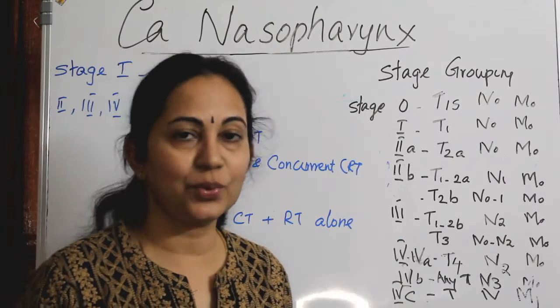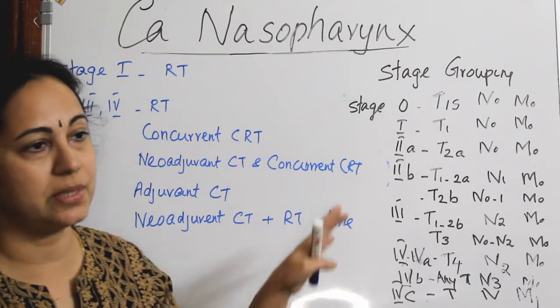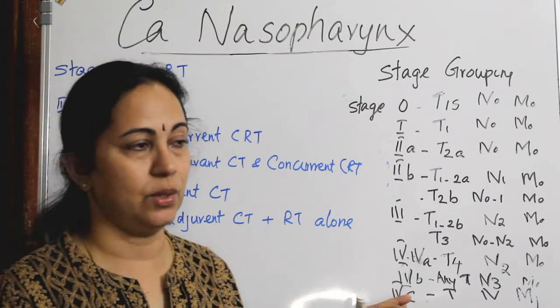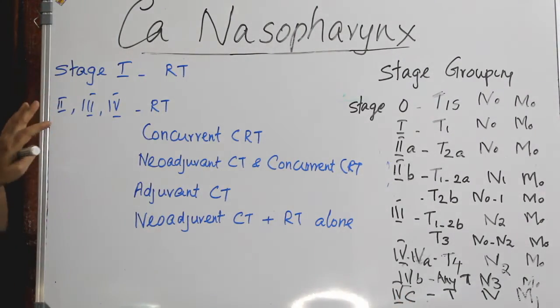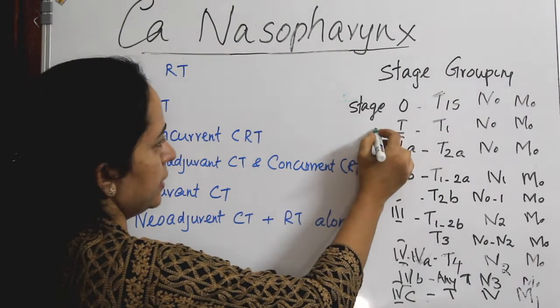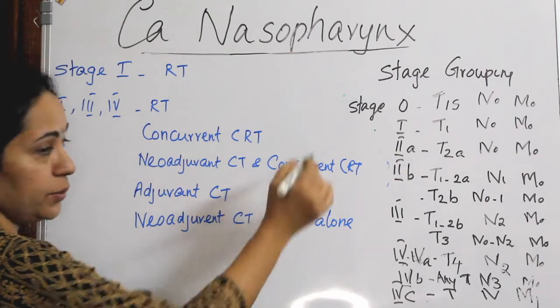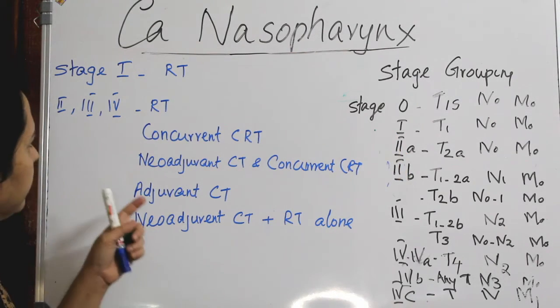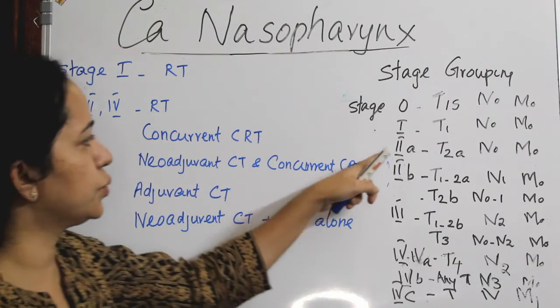Okay, I already told you that the treatment options depend upon the stage of disease. So this is the treatment plan in a nutshell. For stage 1, radiotherapy is the treatment of choice, and also for stage 2A.